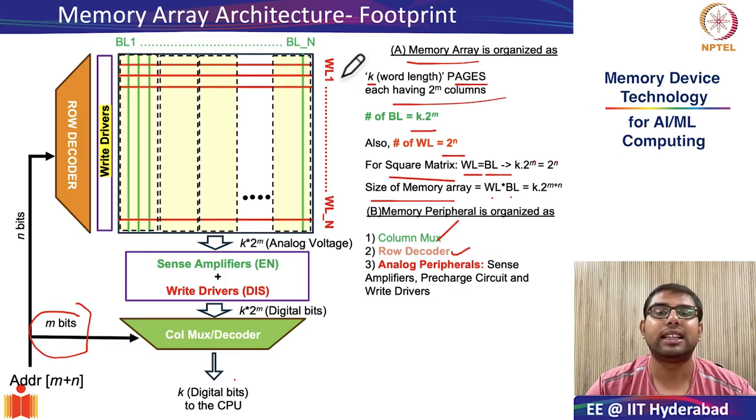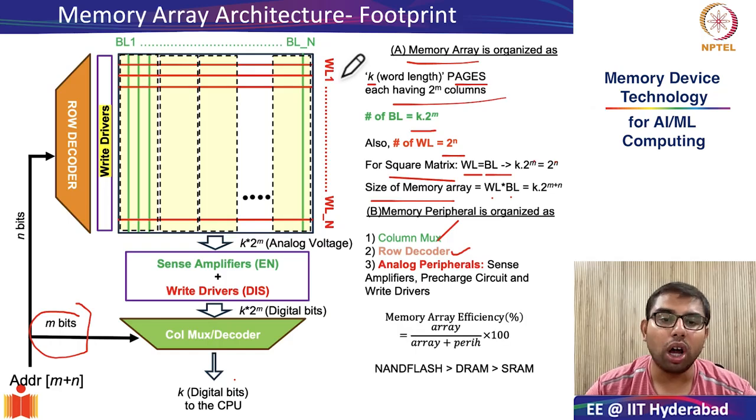Also, we saw that there are some other important analog peripherals such as sense amplifiers, which detect differences in voltages, the pre-charge circuit, which pre-charges the bit lines to whatever voltage is necessary, and write drivers. Finally, we also saw the concept of memory array efficiency.